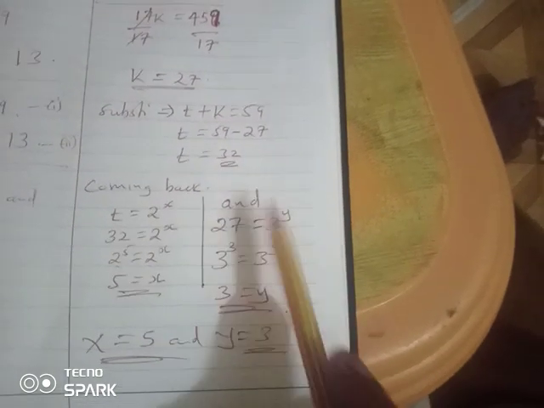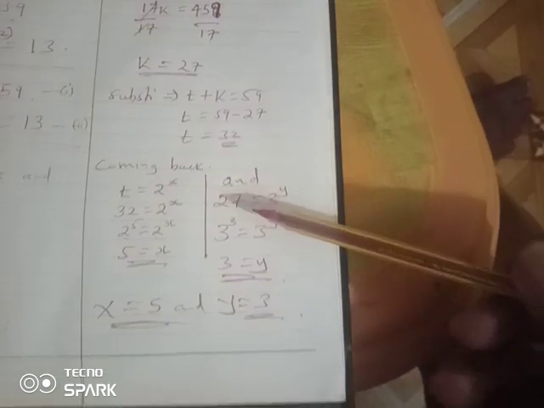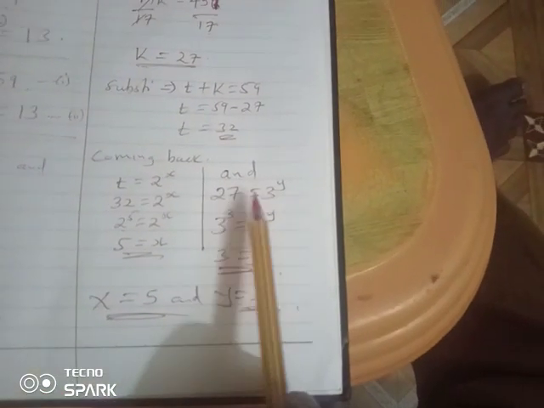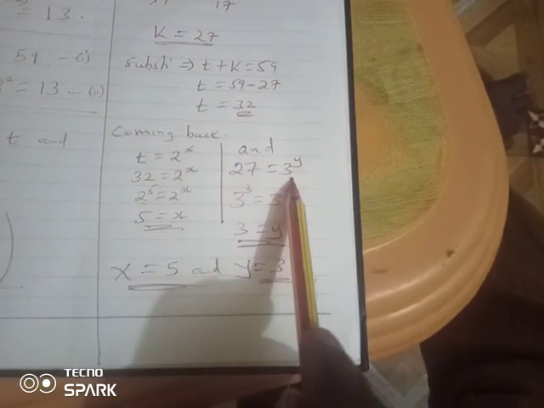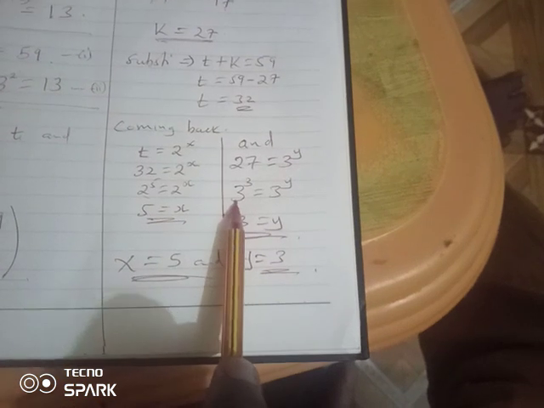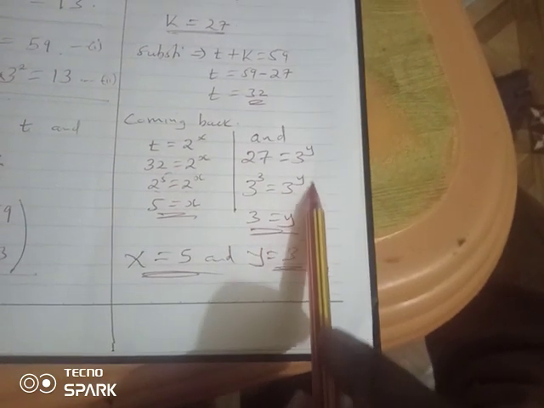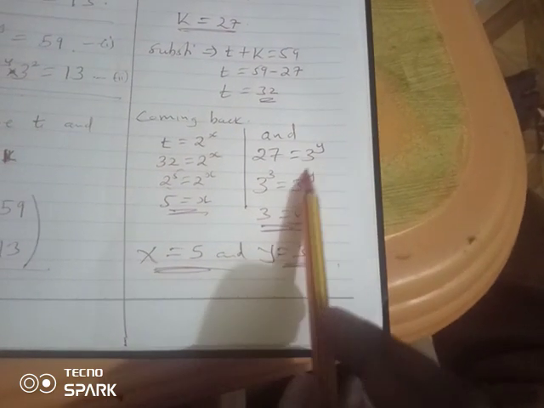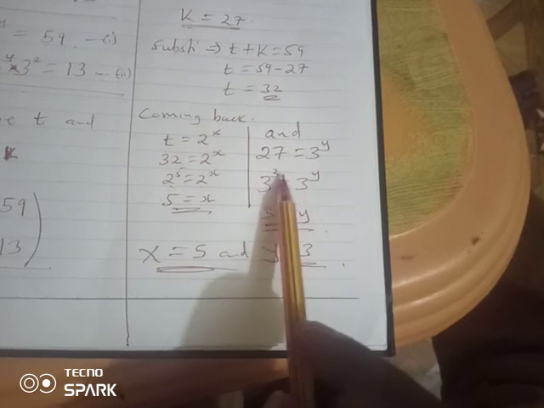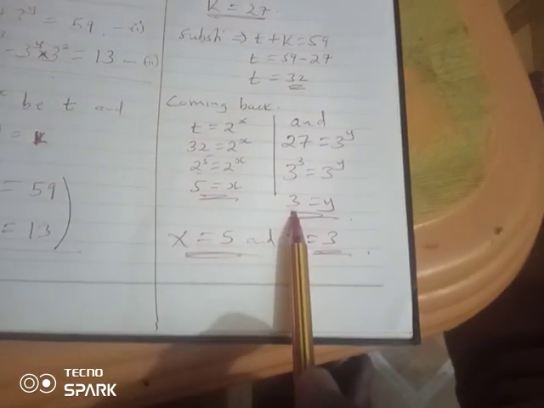And also my k being 27 was representing 3 power y, and therefore we can write 27 in base 3, and that is 3 power 3 is equal to 3 power y. When base 3 equals base 3, it means that 3 equals y, and therefore the value of y is equal to 3.